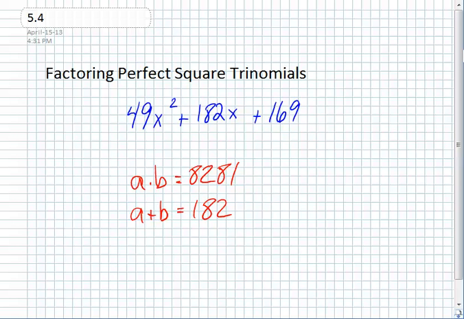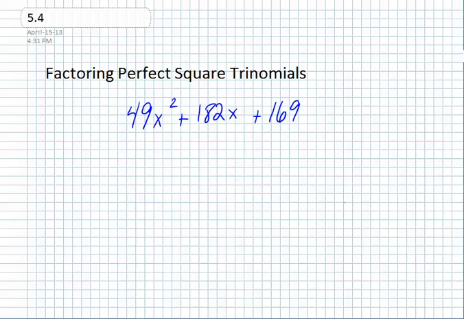So just imagine trying to find all the factors of 8,281, listing them all down. It would take forever. Okay, but recognizing that 49 and 169 are perfect squares, I can simply look for that relationship, which we've already proven is there.